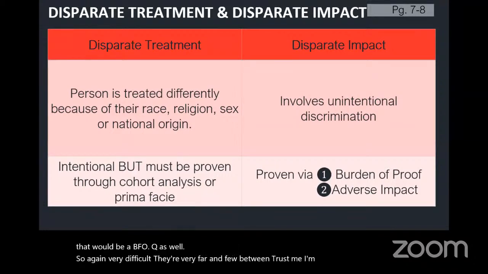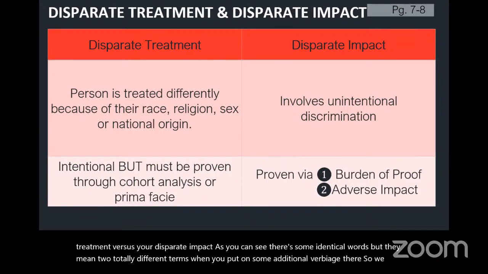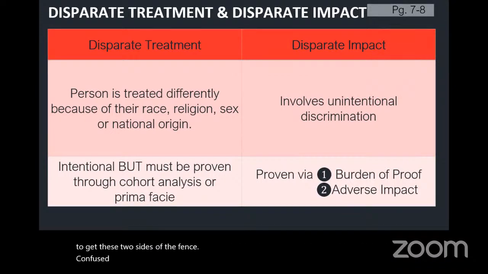Here is your disparate treatment versus your disparate impact. As you can see, there are some identical words, but they mean two totally different terms when you add some additional verbiage. So we have disparate on both sides, but we end with either treatments or impacts. And I don't want you all to get these two sides of the fence confused because they mean two totally different things.